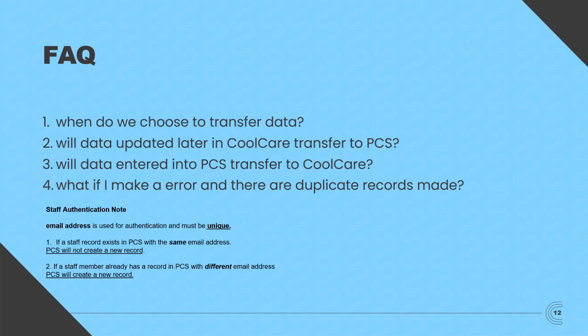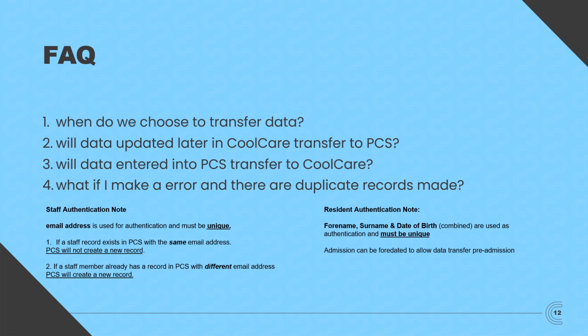Again, very unlikely scenario, but if any time you are transferring over you do create a duplicate record within PCS, there is a button just simply to remove that record. You have to have the correct authorization to do it, but you can just remove that out.